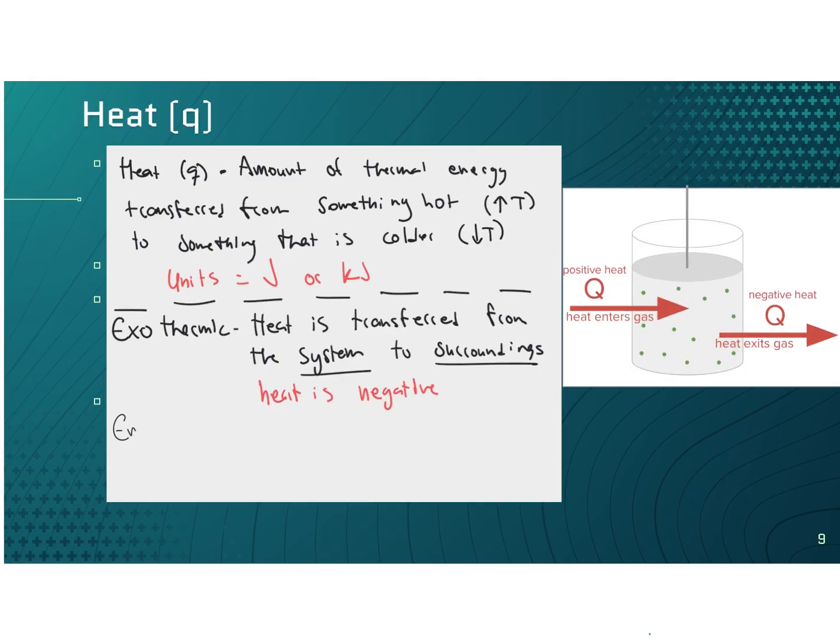Now, an endothermic process is the exact opposite. When heat is transferred from the surroundings to the system, then you have an endothermic process, and the heat is positive.